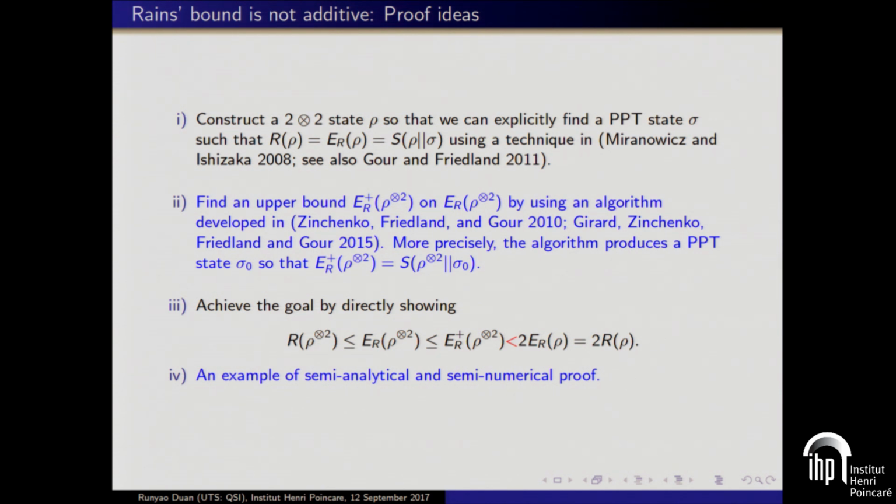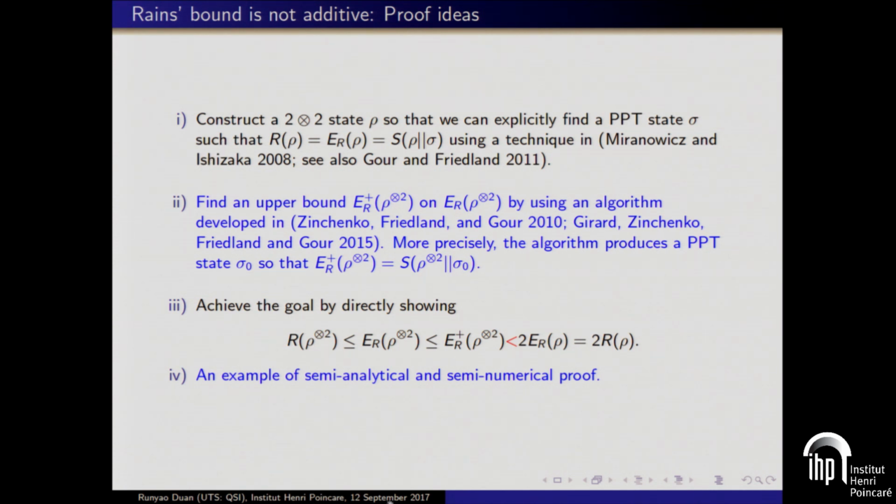This is a technique from these two papers. They all have this idea. So here it's a little bit different. If we give you a state rho, then how to find a sigma such that the relative entropy is just equal to this relative entropy between rho and sigma? That is something very difficult to do.